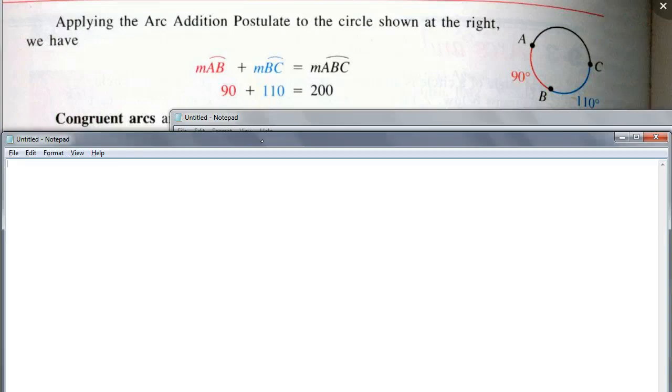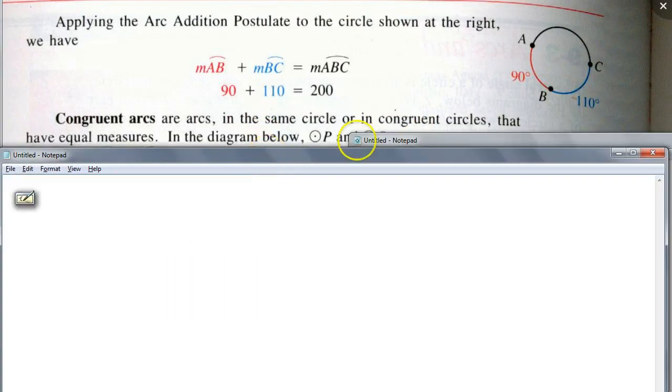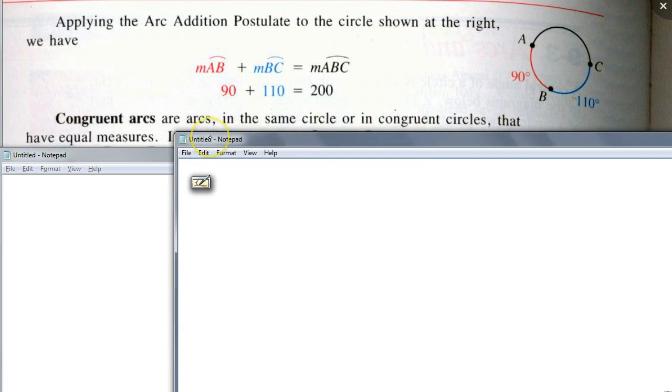Which means that, yeah, they would have the same central angles, right? But they do add something to this. They don't just say they have to have equal measures of the arc, but they add this part in the same circle or in congruent circles that they have the same measures. Why do you think they have to add that in the same circle or in congruent circles? Is it okay if we just leave it out?